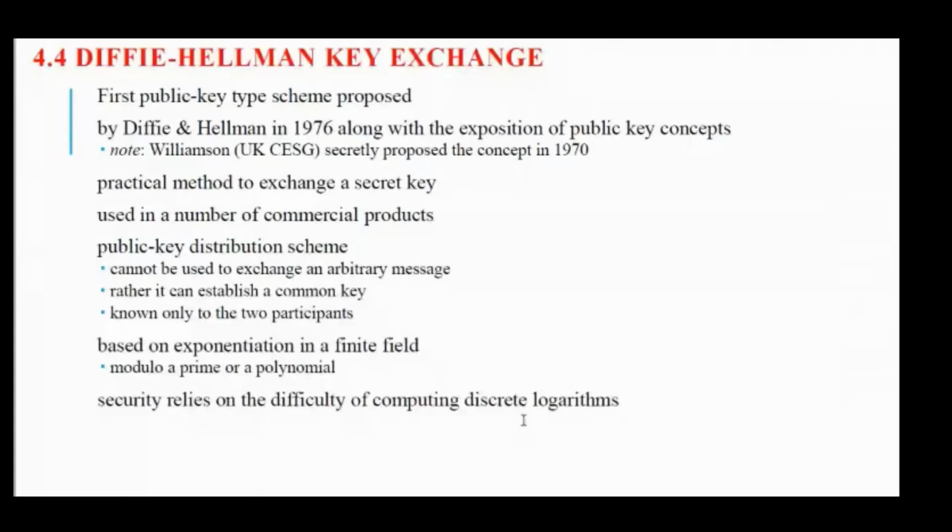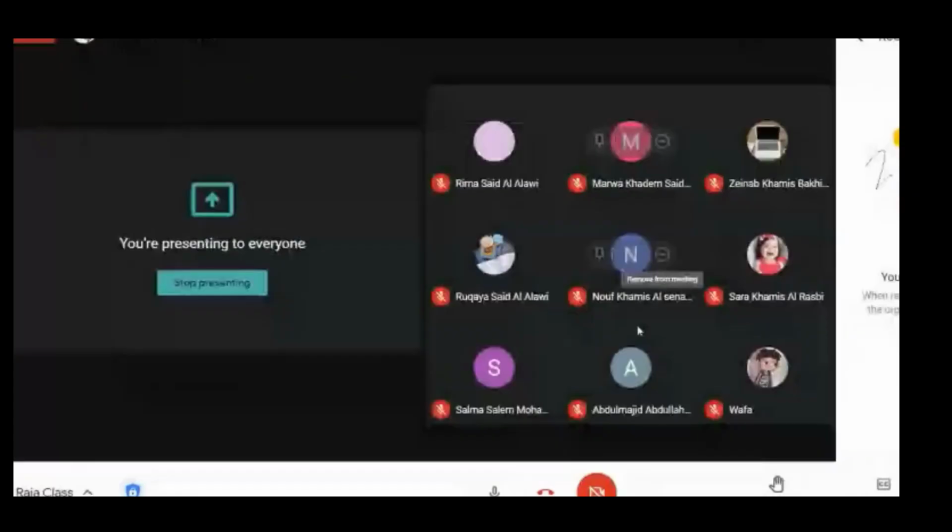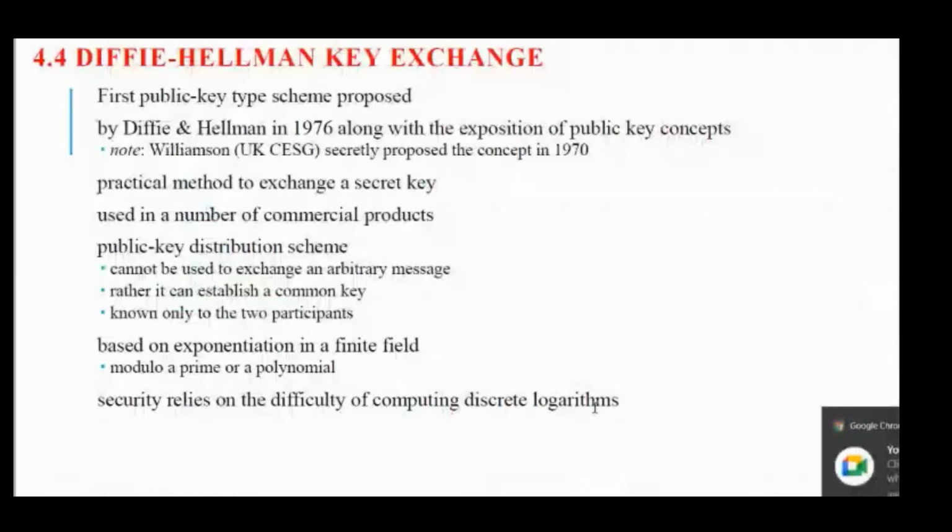If I create a key, for example key equal to 10, and send it to you through the internet, any attacker can capture that key and use it. So I want to send a key to you without sending it on the internet.